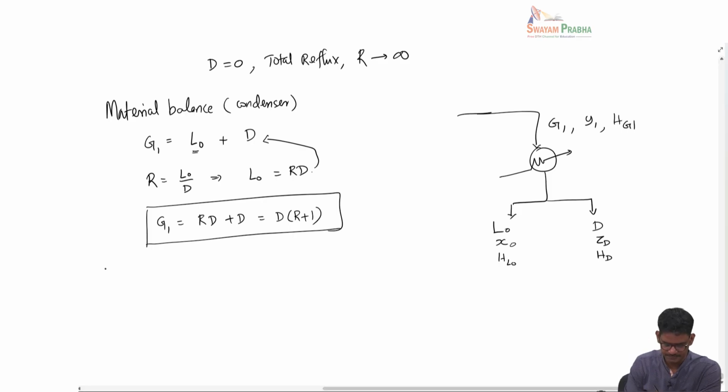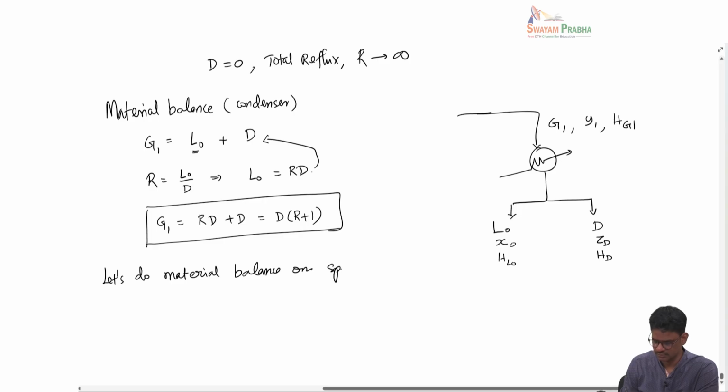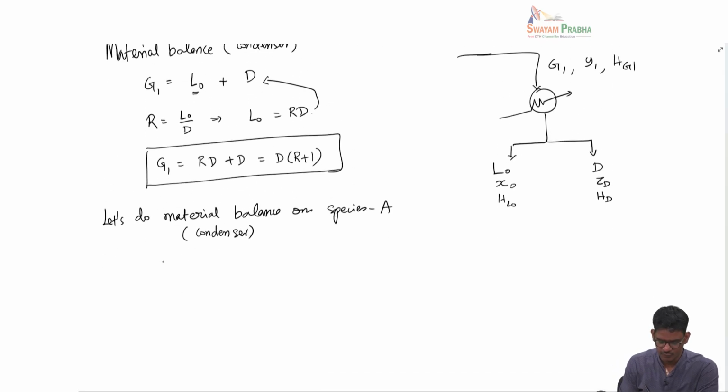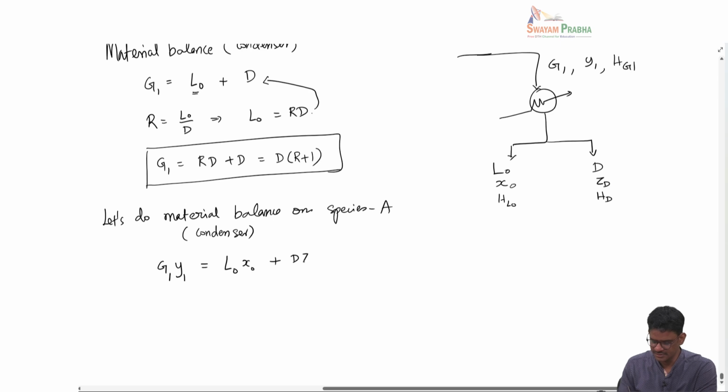Now let us do a material balance on species A in the condenser. The number of moles of A that is coming in is G1 Y1, and the streams that are leaving are L naught times X naught plus D times ZD.